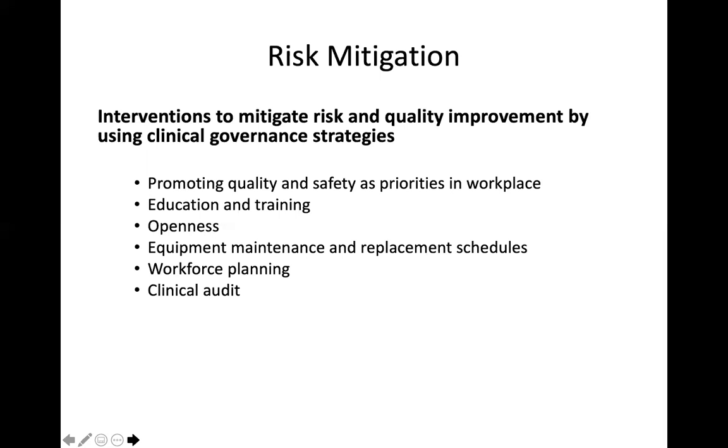This is an essential part of clinical governance to improve the quality of care. Openness is very essential in the workplace, to have openness in communication about the errors made while administering clinical care. This creates an environment for open discussion and reflection upon mistakes and prevents them from being repeated.